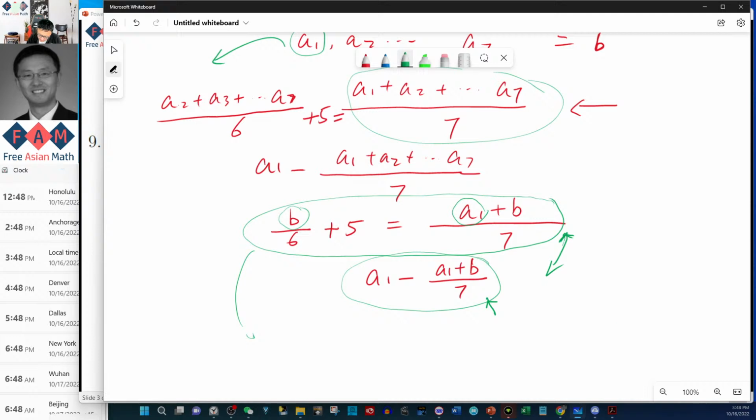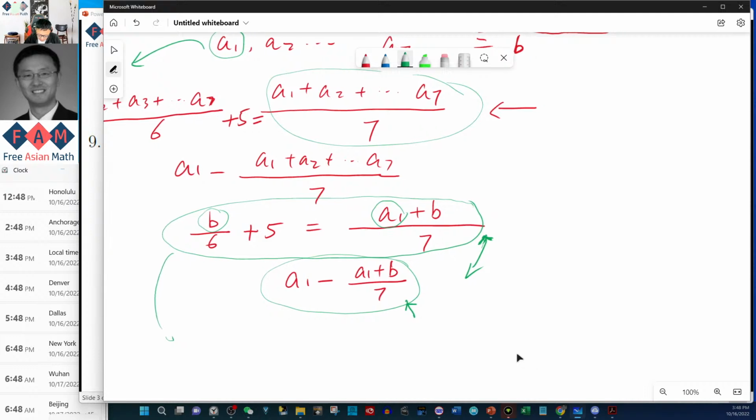So here, we multiply both sides by 7. This will give us 7 times B over 6 plus 5 equals A1 plus B. That's the original total sum.